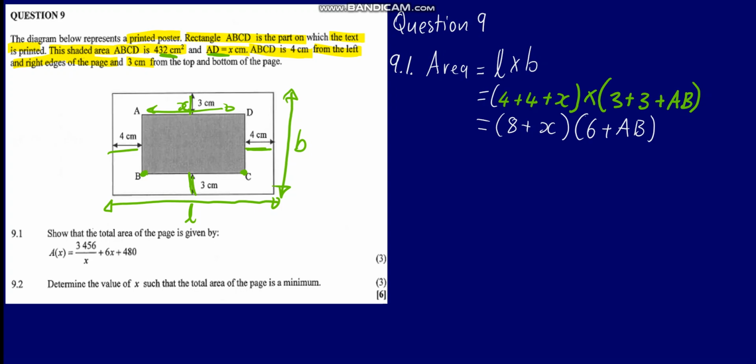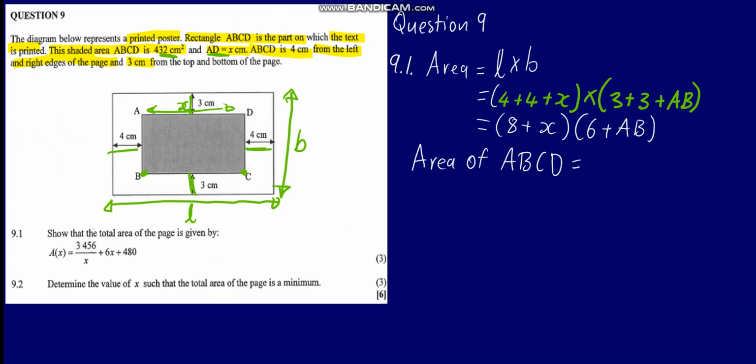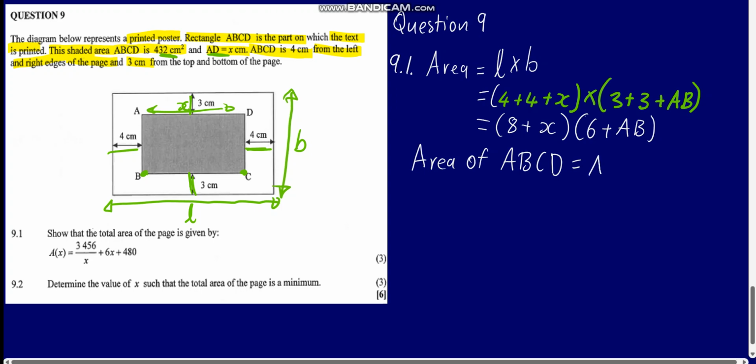We can make use of the area of ABCD. The area of ABCD is given there. So it's going to be x, which is BC or AD, the length of that. The area is AD times AB, right? So AD here is going to be x times the AB length.